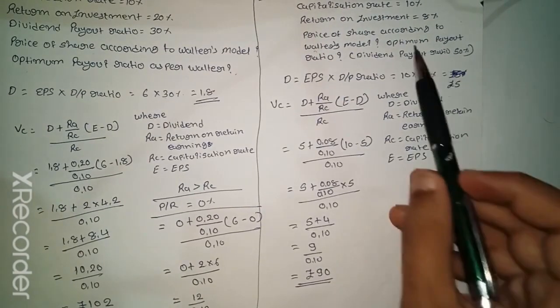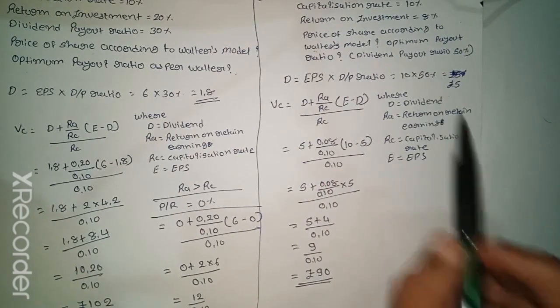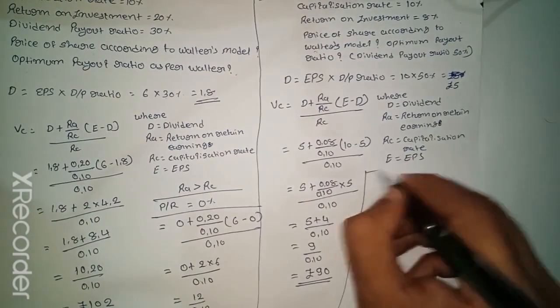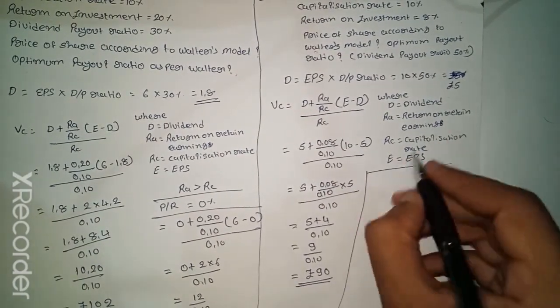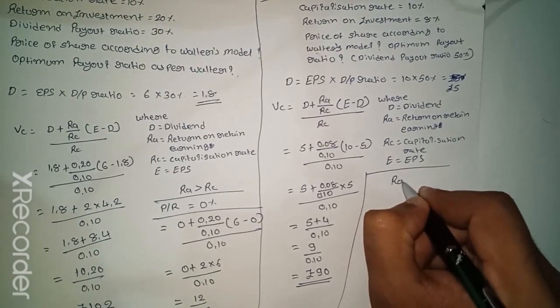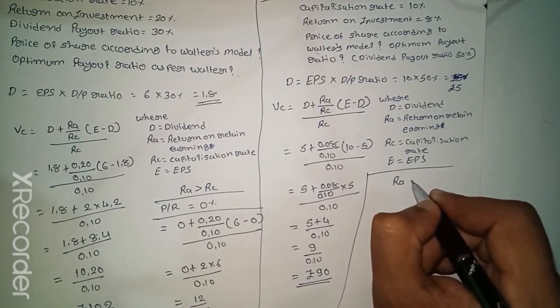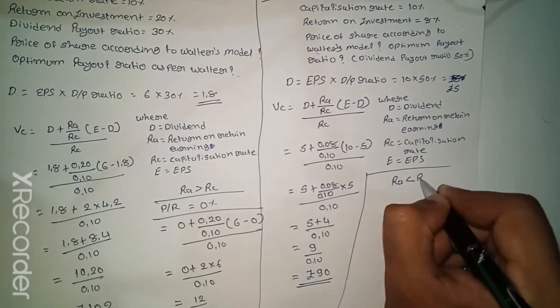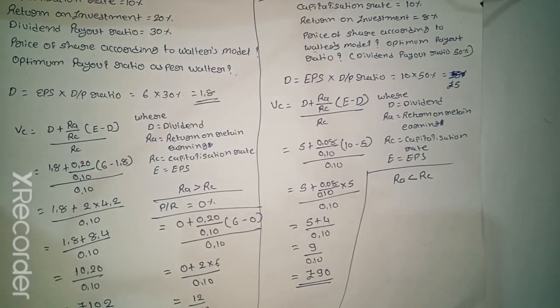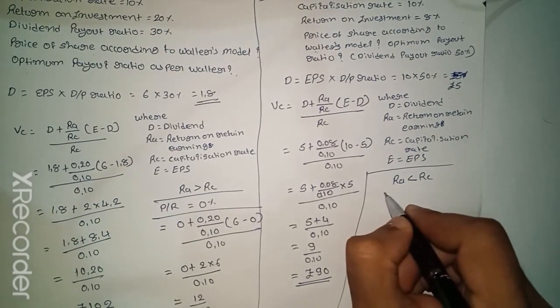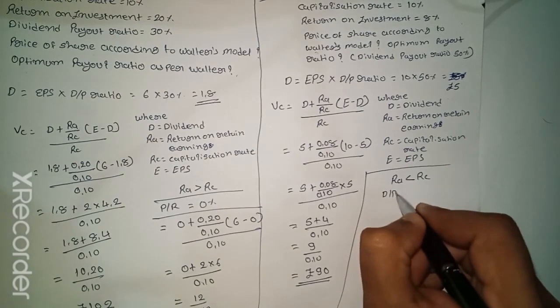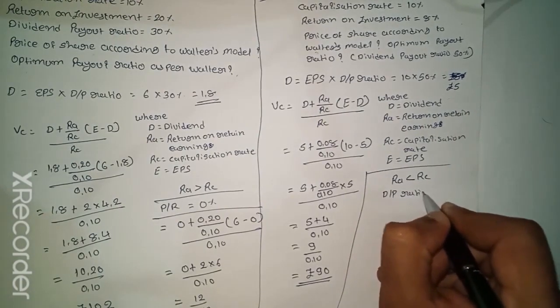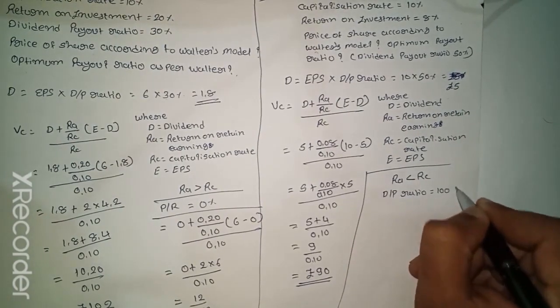Now second question, optimum payout ratio. Here RA, means return on retained earning, is less than required rate of return, means investor wishes that whole earning should be paid as a dividend. So dividend payout ratio should be 100%.